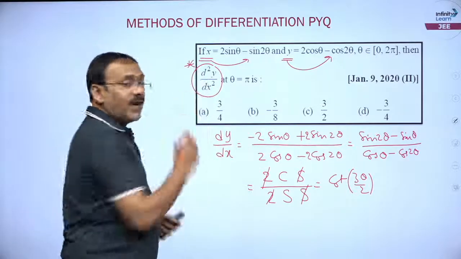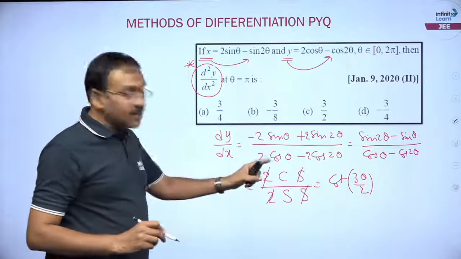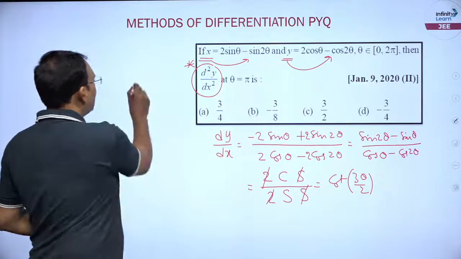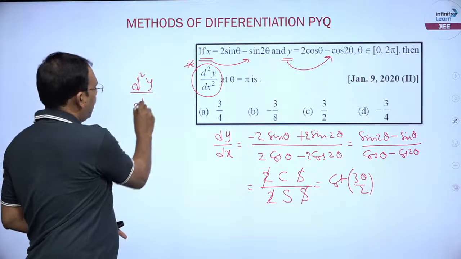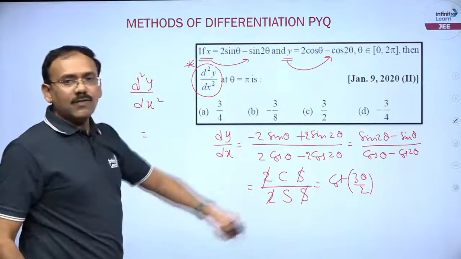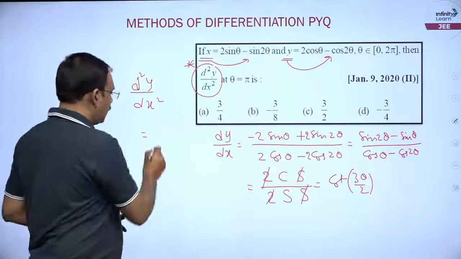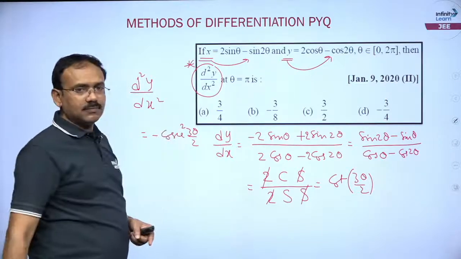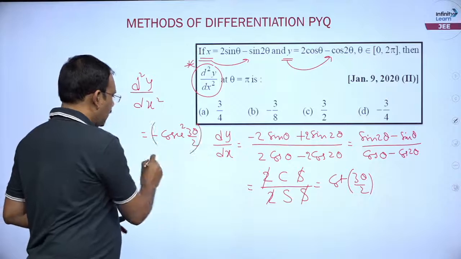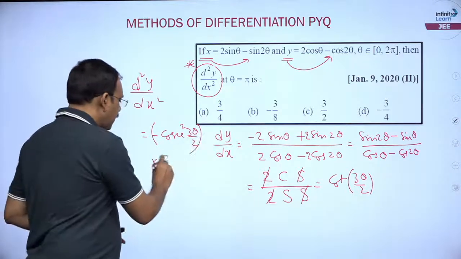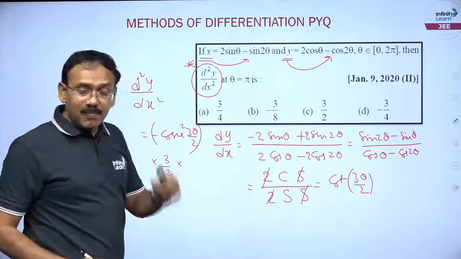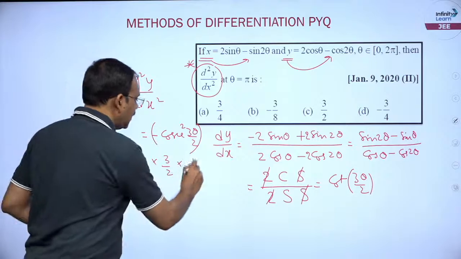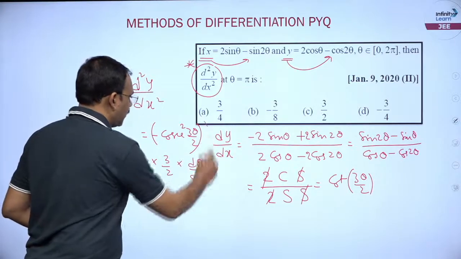Now d square y by dx square means taking its derivative again with respect to x, that is the point. So let me write here d square y by dx square is take its derivative with respect to x, cot 3 theta by 2 derivative minus cosecant square 3 theta by 2. Okay, let me write here multiplied by 3 theta by 2 derivative 3 by 2 multiplied by, I am taking derivative with respect to x whereas internal function is theta, d theta by dx you have to write, my dear friends.